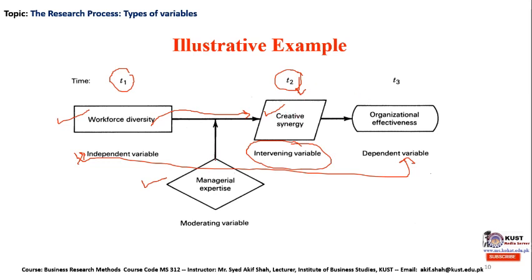So with the help of managerial expertise, by utilizing the diversified workforce, the manager has actually created a good synergy, which is a liaison function, and this good synergy team will ultimately achieve the desired outcome, which is our dependent variable at time 3.